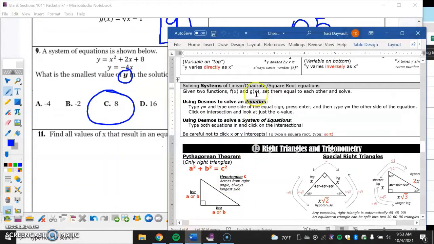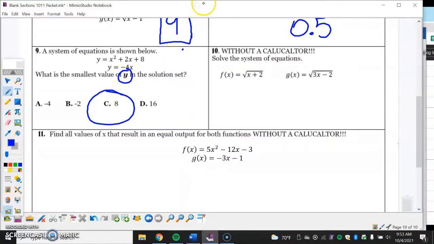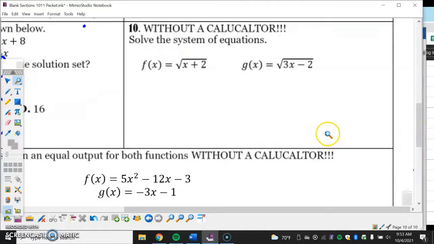It says if you have 2 functions and we're trying to solve a system, we're going to set them equal to each other and solve. So I'm going to set f of x equal to g of x to figure out what the x value would be.